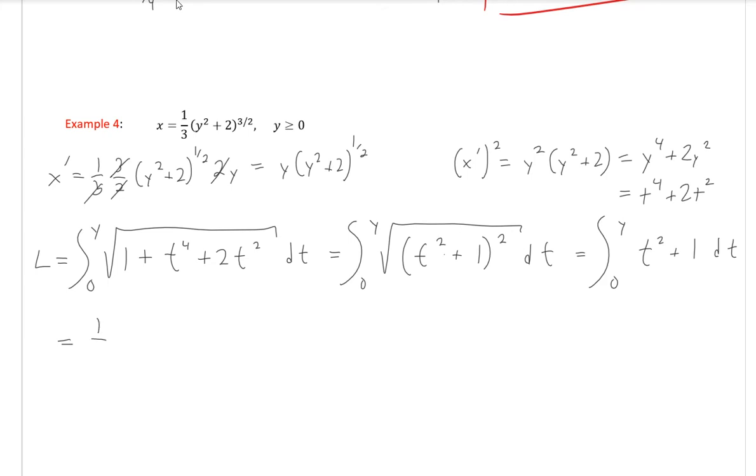So that gives us 1/3 t cubed plus t integrated from 0 to y. The 0 is going to cancel everything out, so that's pretty irrelevant. We just get the equation of 1/3 y cubed plus y. That's going to be our final equation there, the equation for the length of the curve, anyway.